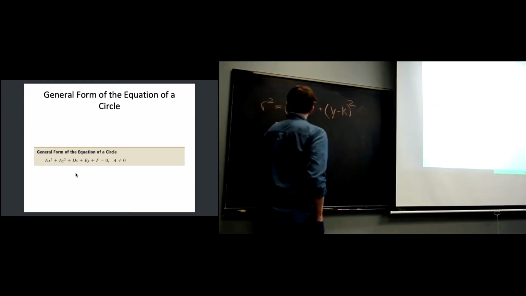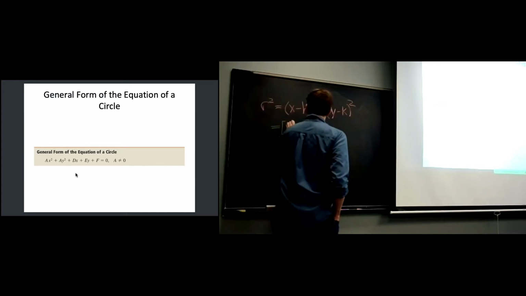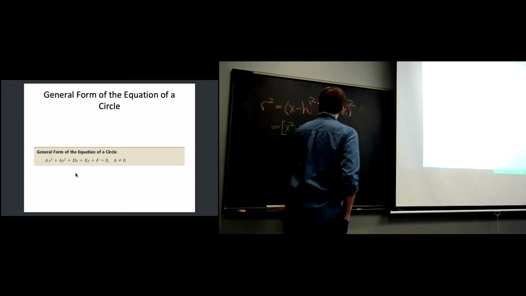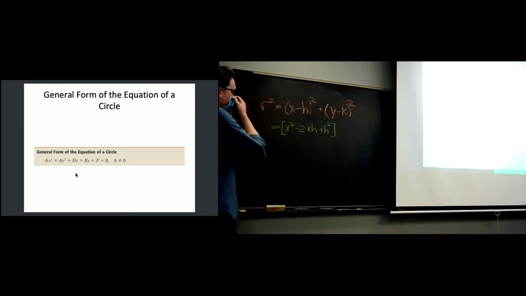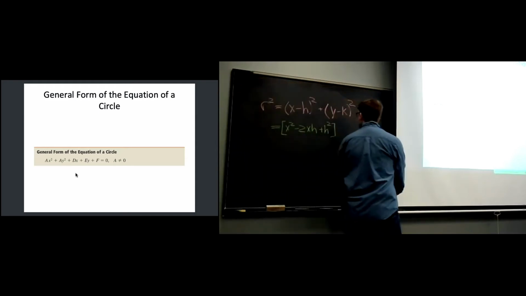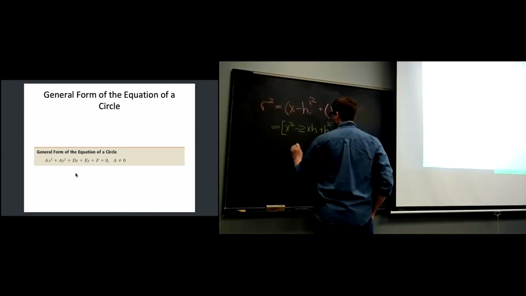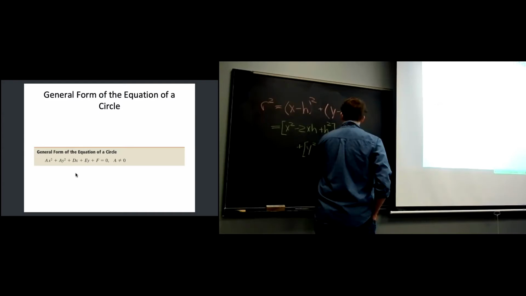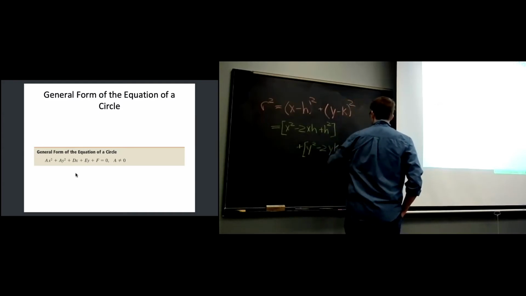When we do, this first term is going to be x squared minus 2xh, plus h squared, plus y squared minus 2yk plus k squared.